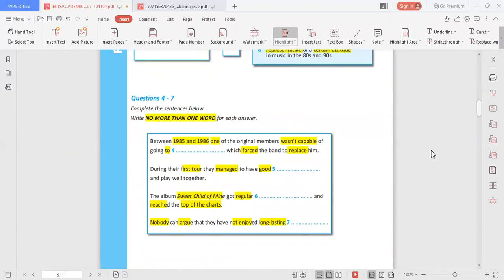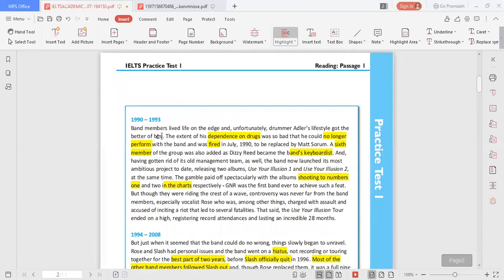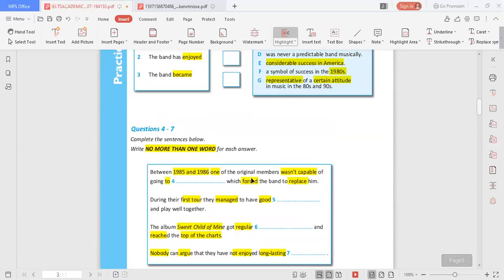Okay, again, you want to highlight keywords. So in this sentence, we've got 1985, 1986 as a keyword, because you have realized by now that we've got different dates in the text. So 1985 and 86 become specific to this question. One of the original members wasn't capable of going to. So for me, the keyword wasn't capable is very important.